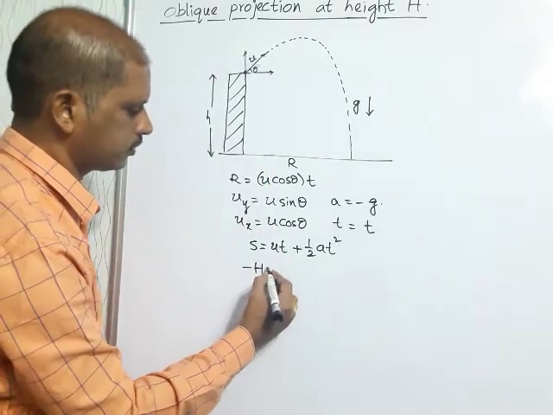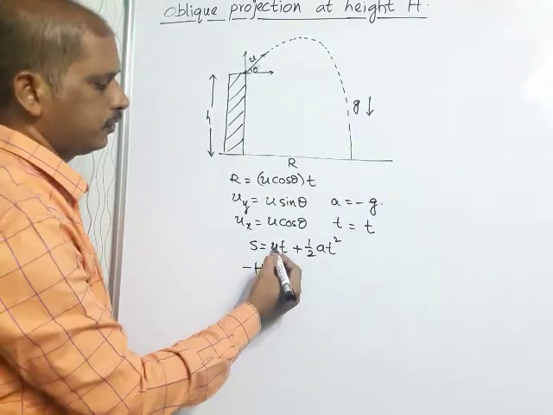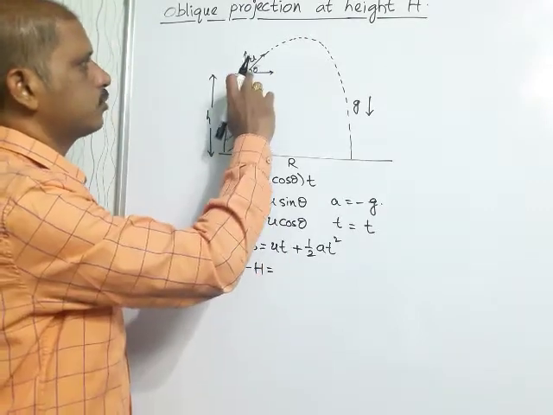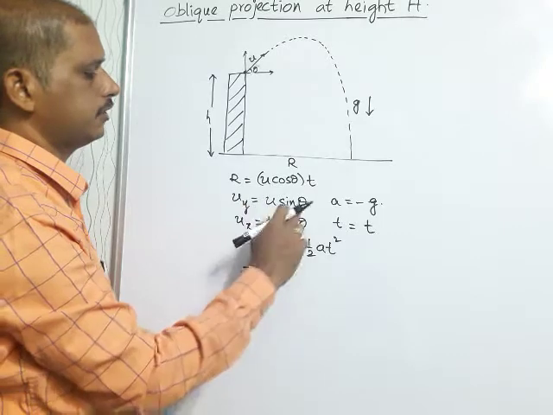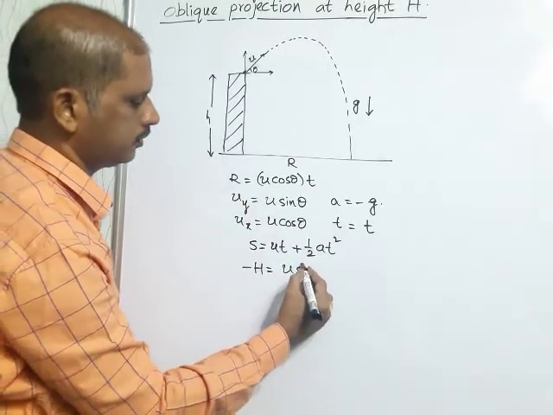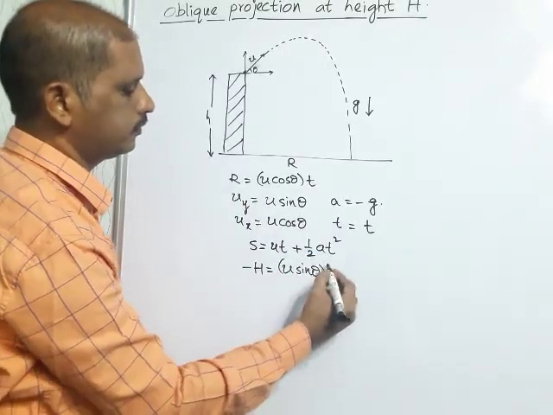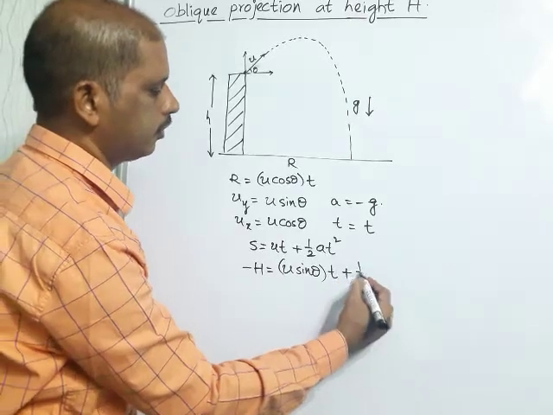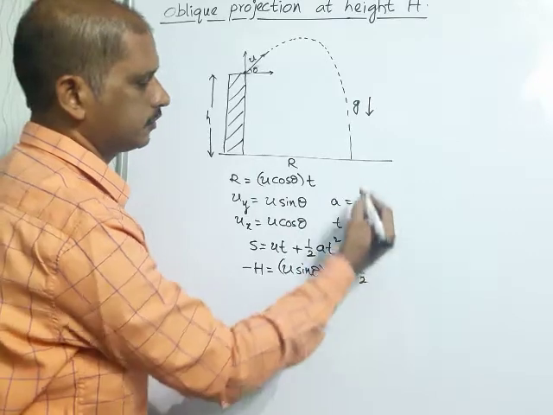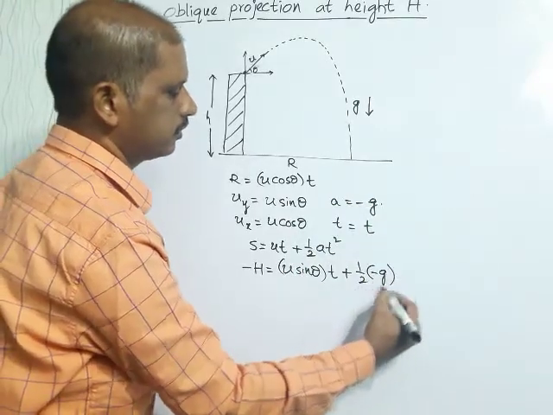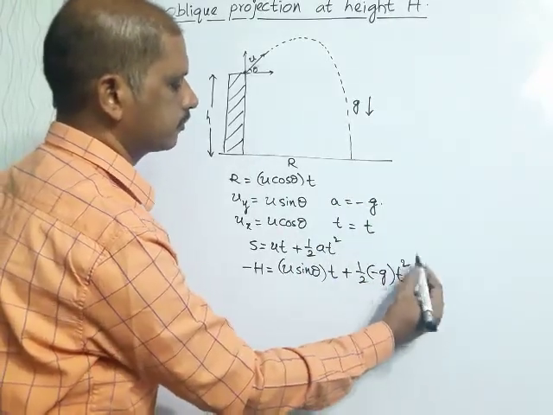So minus h is equal to u, where u, when the body is projected upward, is the vertical component u sin theta. So u sin theta into t plus half into a, which we consider as minus g, into t square.